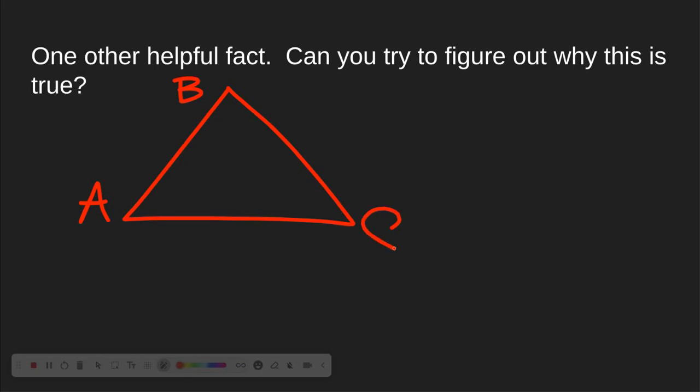If you have A, B, and C, then the area could be 1/2 A, B, sine C. That's a different way to find the area of any triangle.